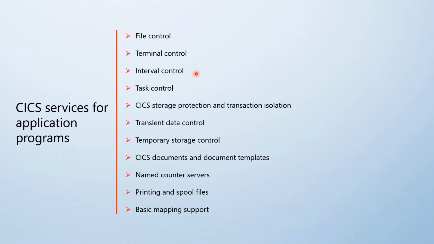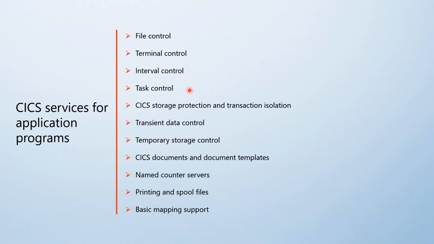And at specific times there is a requirement wherein a transaction has to be triggered or some activity or function has to be taken care of at a specific given point of time. That is provided by interval control.